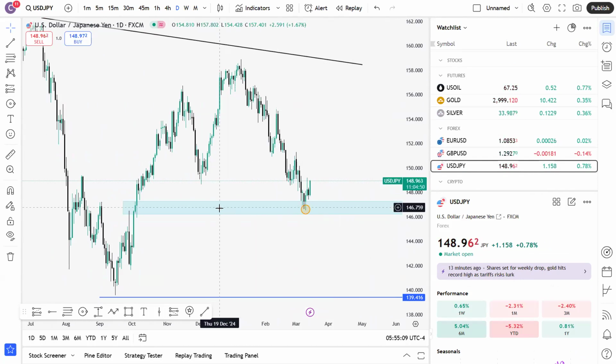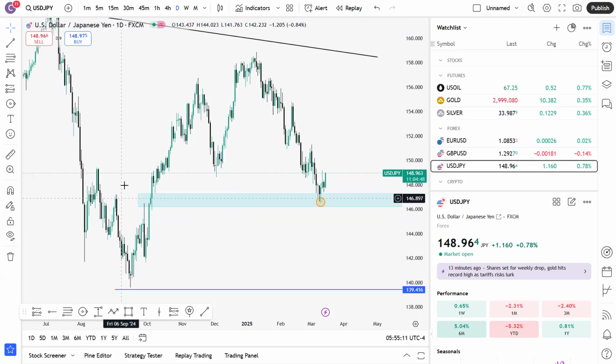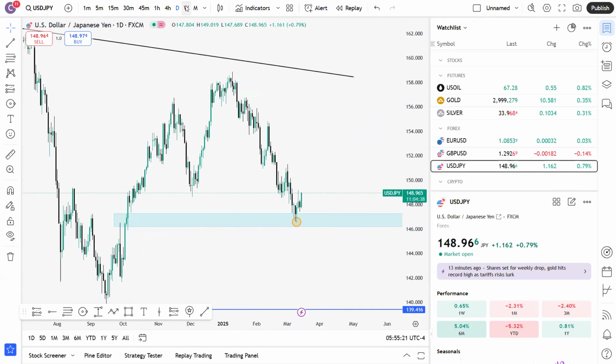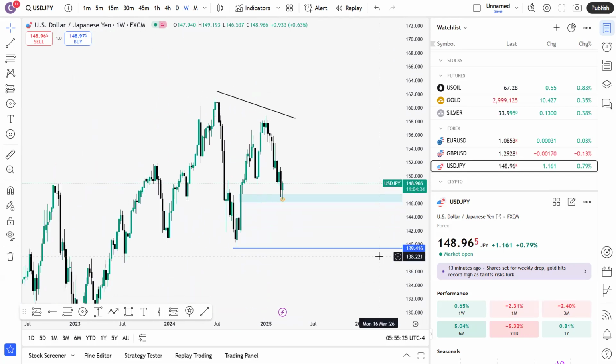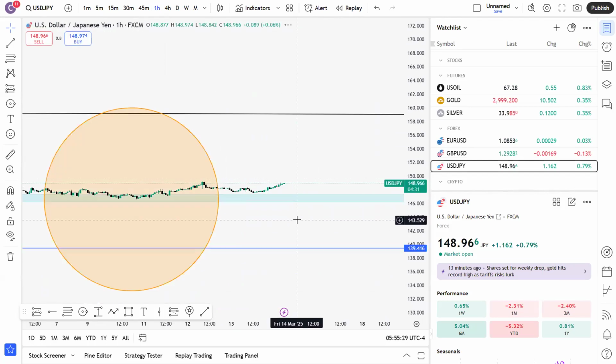And we have price action reacting off a bullish breaker right here. Price took out the low, shift of structure. We're back right at the bullish breaker. It has gone straight into a fair value gap, so we might see a bullish close today.